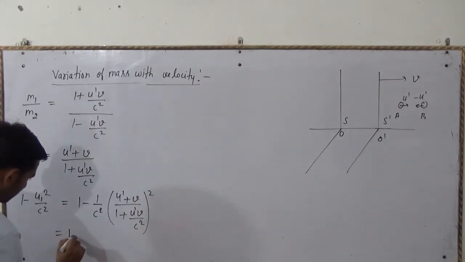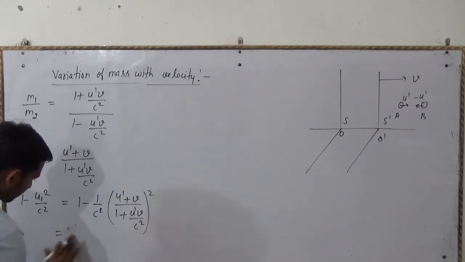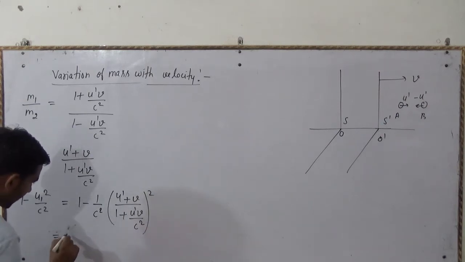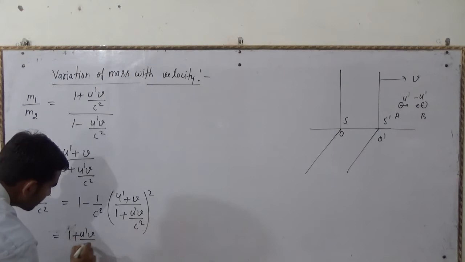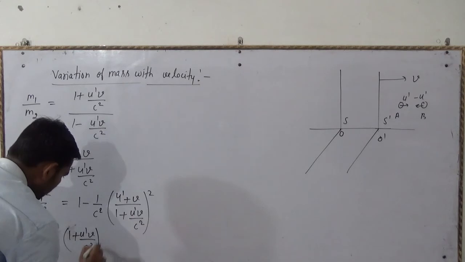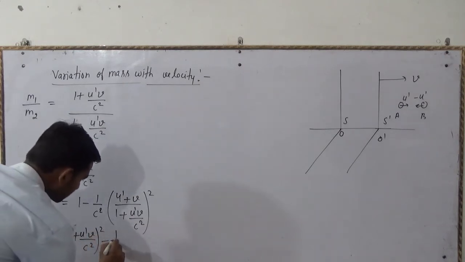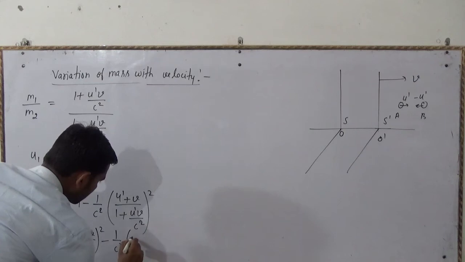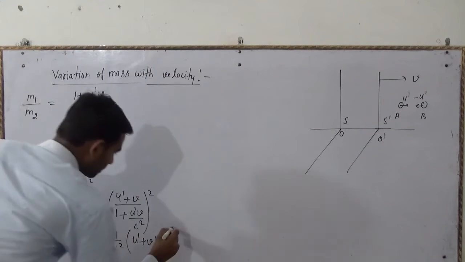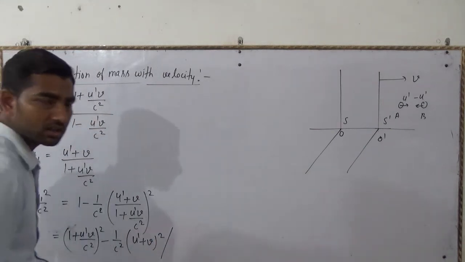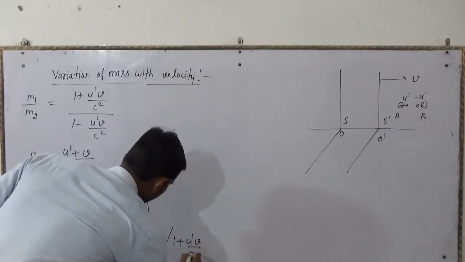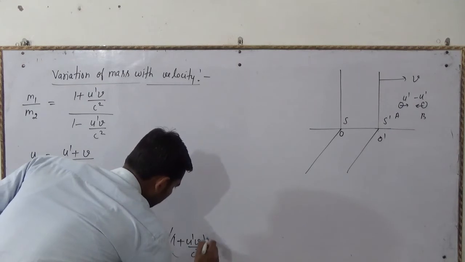Now with the help of LCM we can write 1 minus, 1 plus u dash v by c square to the whole square minus 1 by c square u dash plus v to the whole square, upon, in the denominator, 1 plus u dash v by c square to the whole square.